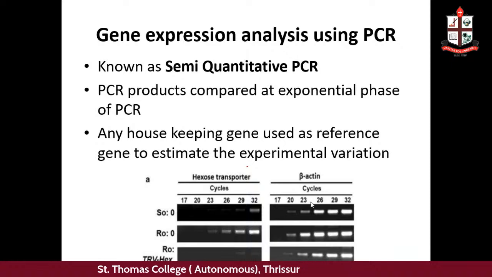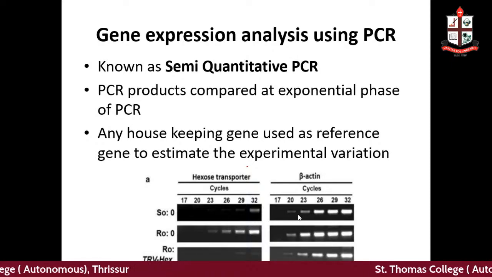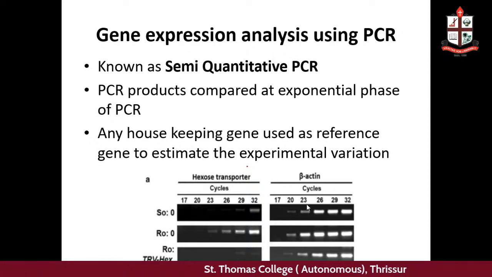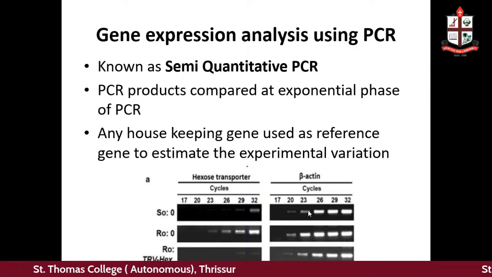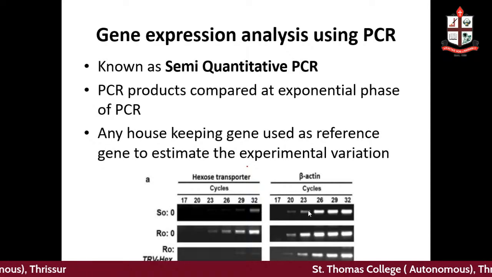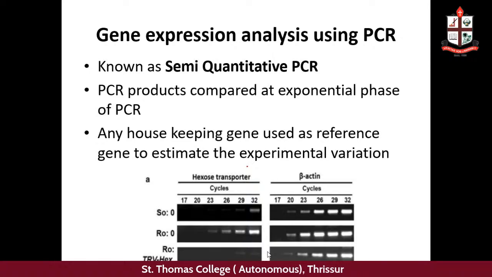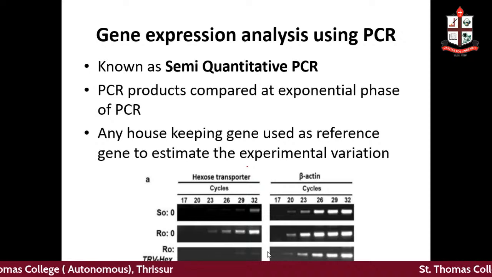Also, for any such analysis a reference gene is required, and the gene that we take as the reference gene will have stable expression. It will not be affected by the treatment, or it will have the same expression in different samples. The reference gene is used in order to avoid the experimental errors that we create.